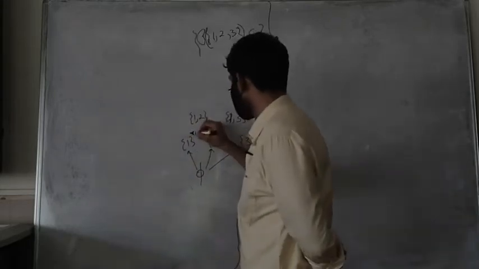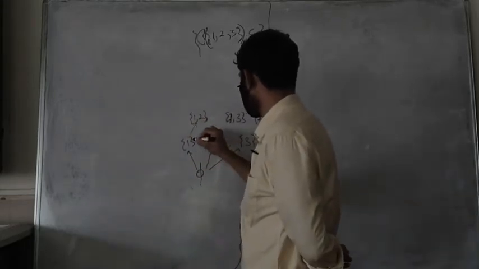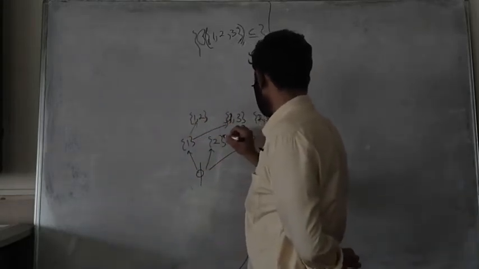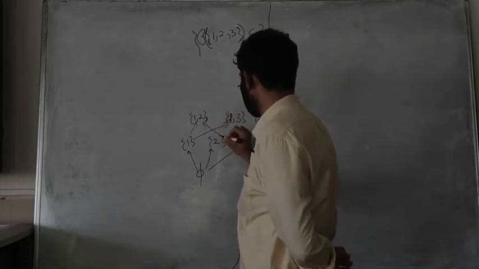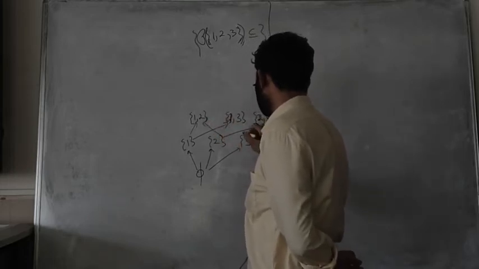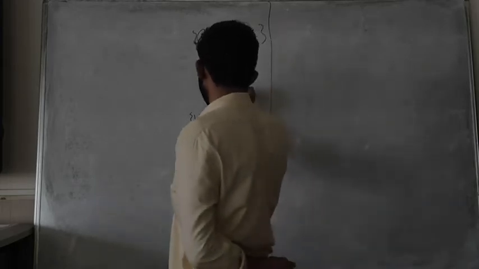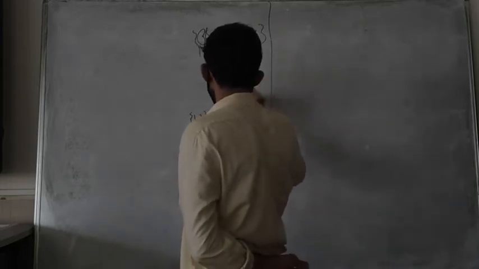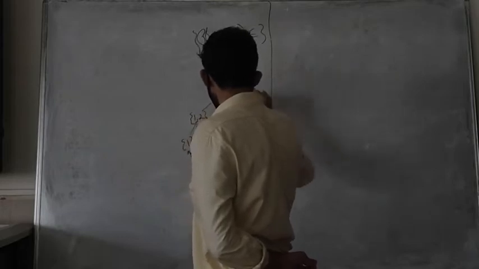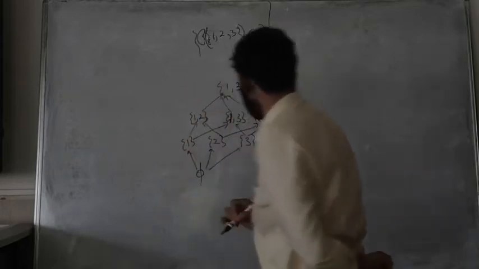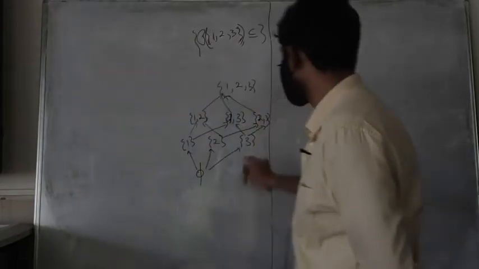So here this would go here, this would also go here, and this would be there, there. That's the relation, right? So this kind of gives you the relation when you look at it. Okay, so that's the partially ordered set.